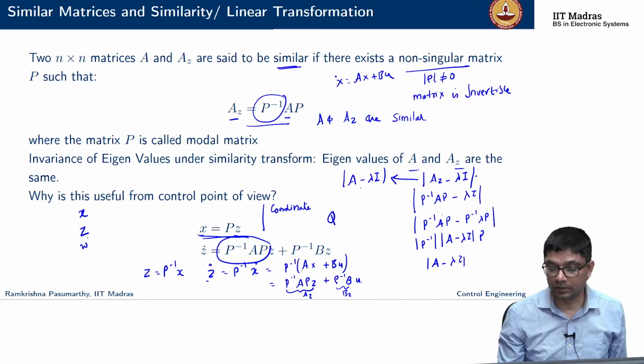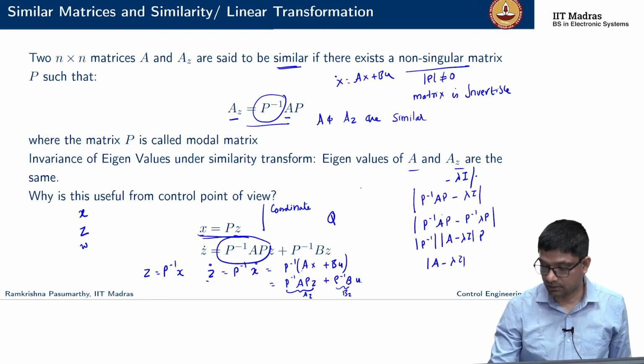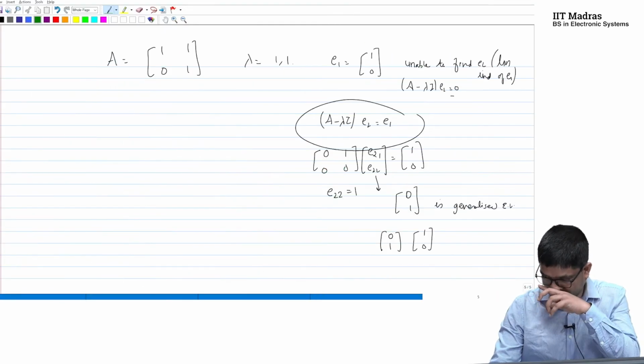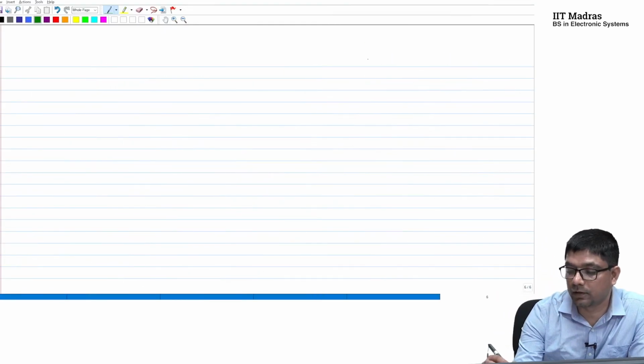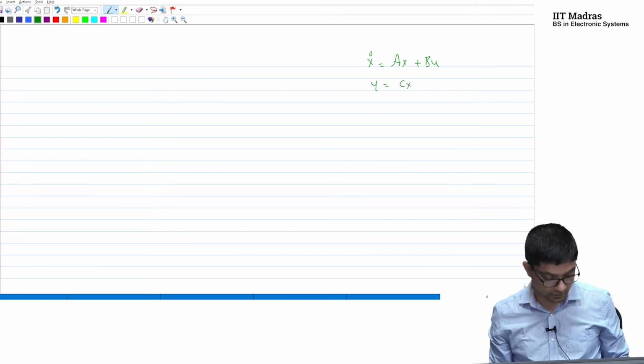Okay. So maybe I'll leave this a little bit as an exercise. Suppose, okay, what did we have? We have x dot is Ax plus Bu, y equal to Cx, and in the z coordinates what did we have?